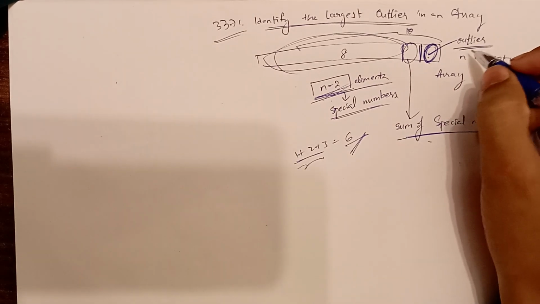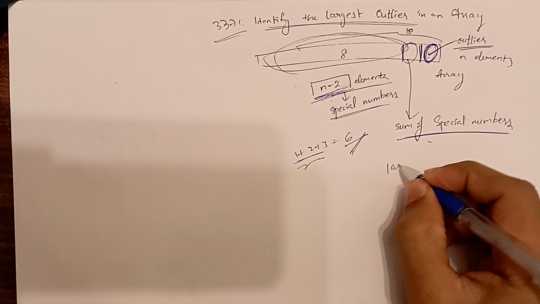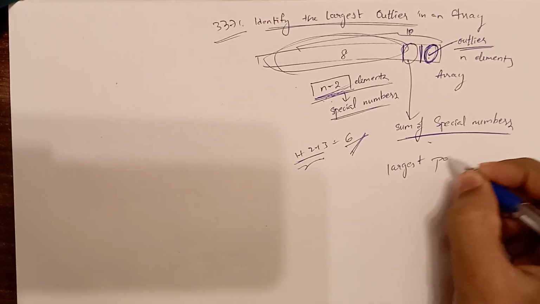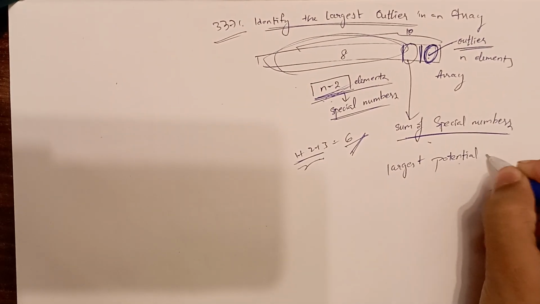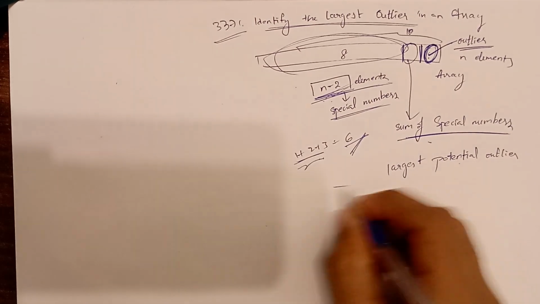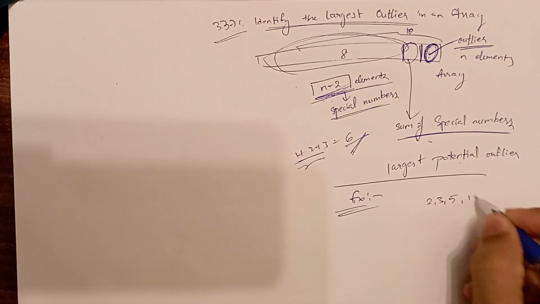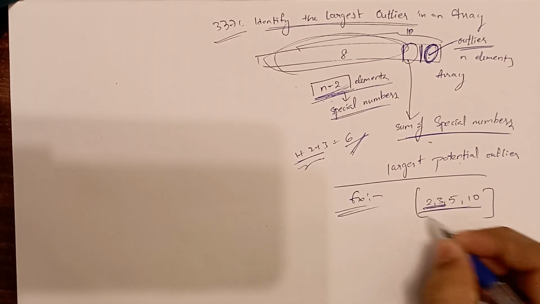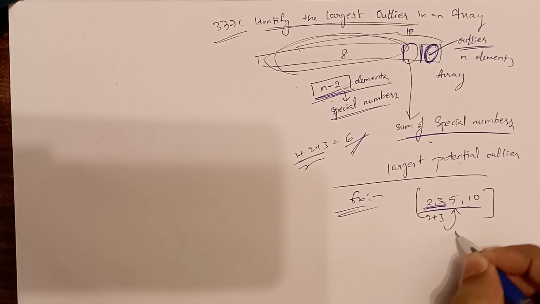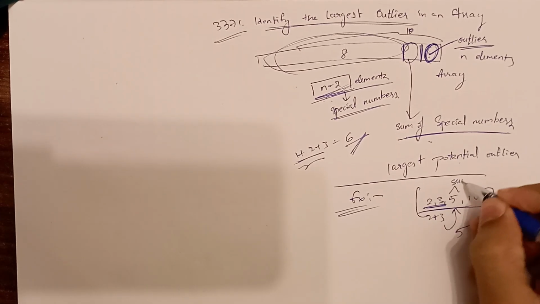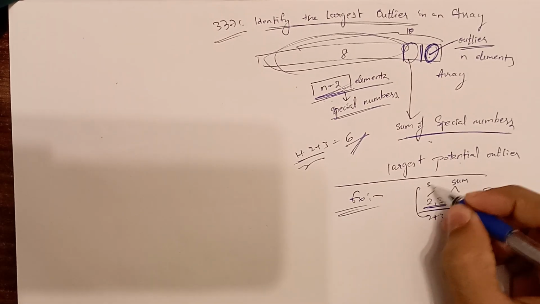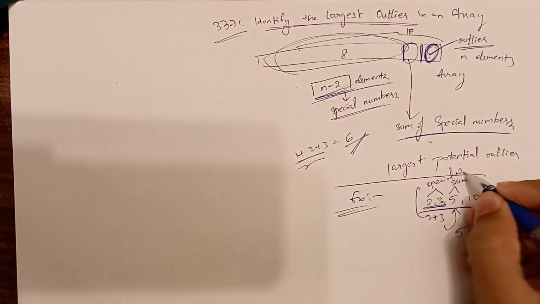So we need to find the largest potential outlier. Let us go through an example. In this example, we are given 2, 3, 5, 10. If you see clearly, 2 plus 3 will be 5. Now this will be the sum element, and these are the special numbers.